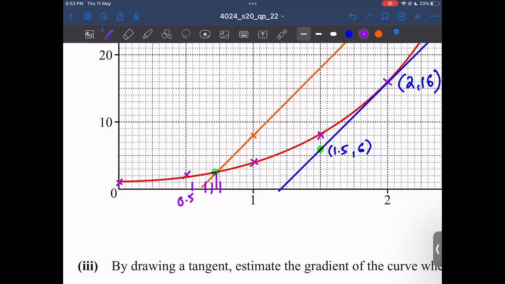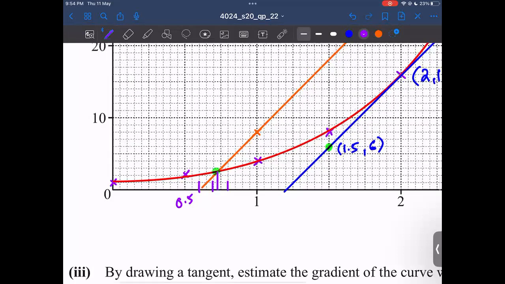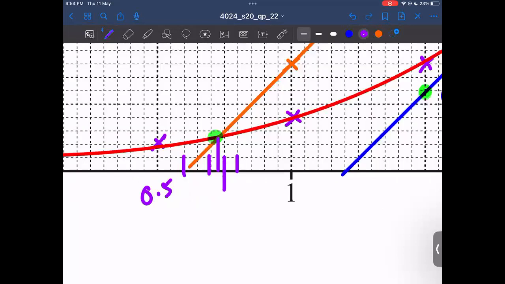So I'm just putting up the values here: 0.6, 0.7, 0.8. This over here is 0.75.